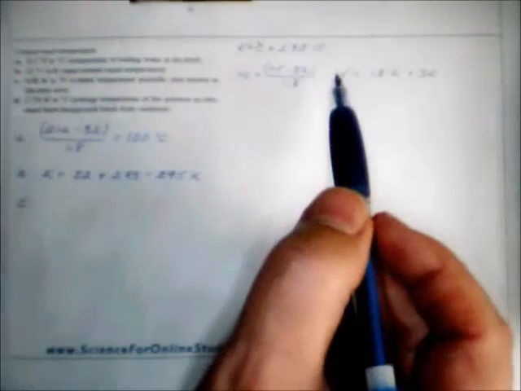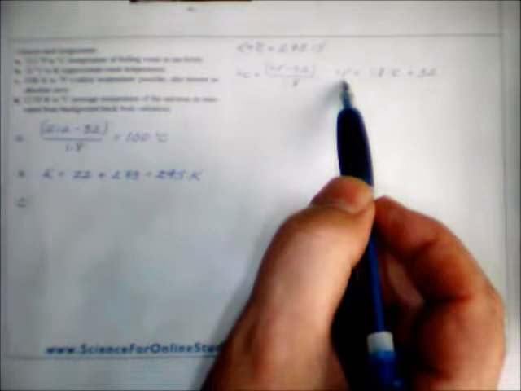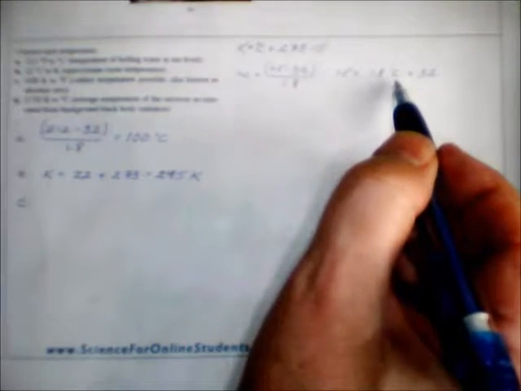C. 0 kelvins, absolute zero, which we really can't quite achieve, to Fahrenheit. So we're going to go from Celsius to Fahrenheit, but we don't have Celsius, do we? We have kelvins, so it's a two-step process. Our Fahrenheit is equal to 1.8 times degrees C plus 32.